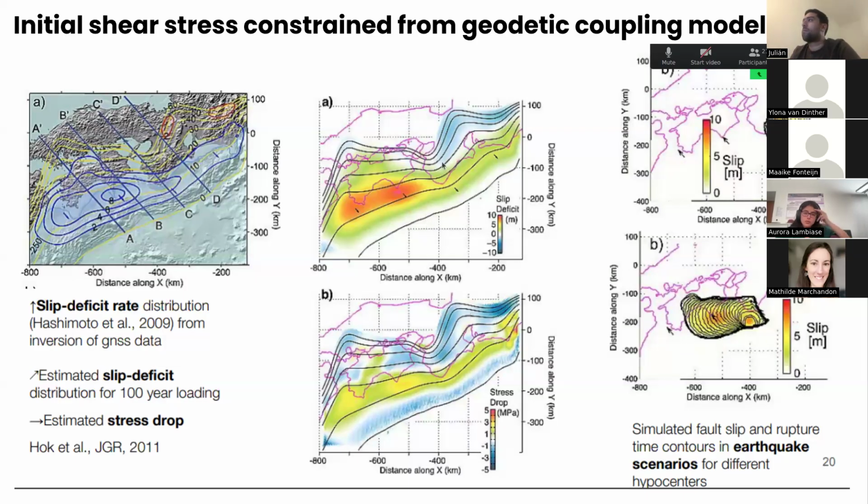We can use this coupling model to estimate the slip deficit rate on the faults, then compute the shear stress change associated with the slip deficit rate, and again use it to infer the initial stress. For example, here it's done for a simulated earthquake scenario in a subduction zone in Japan.